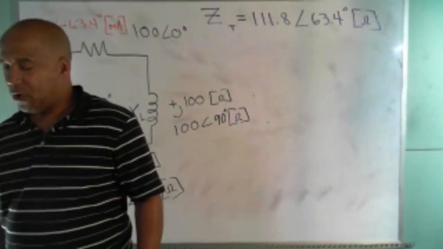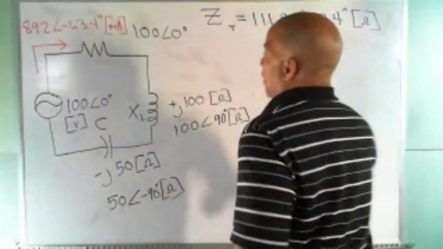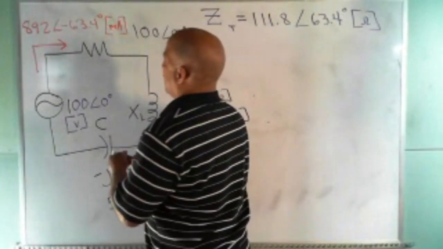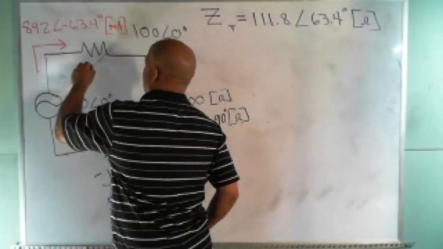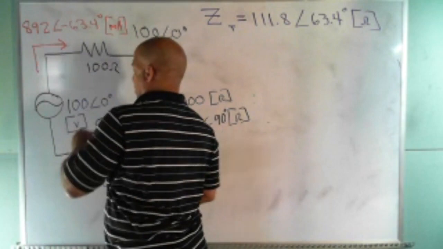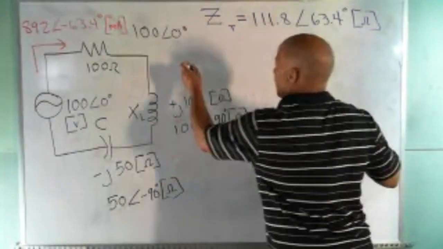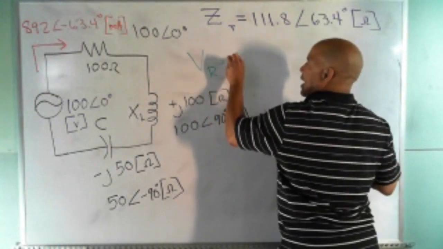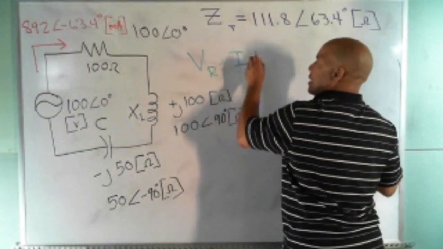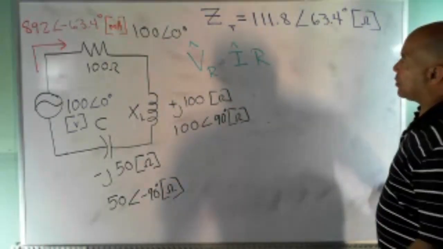The first voltage drop is the voltage drop across this resistor, which I erased, but it was 100 ohms. So VR is equal to I times R, and that's a phasor, and that's a phasor. So you put a hat on those.